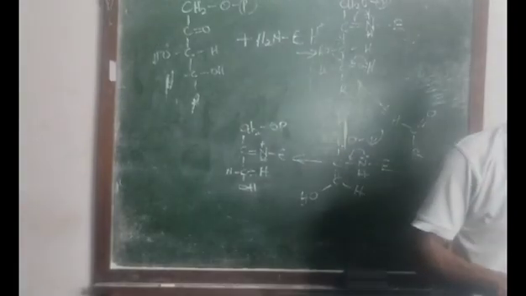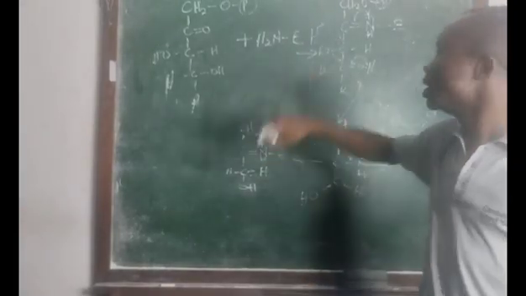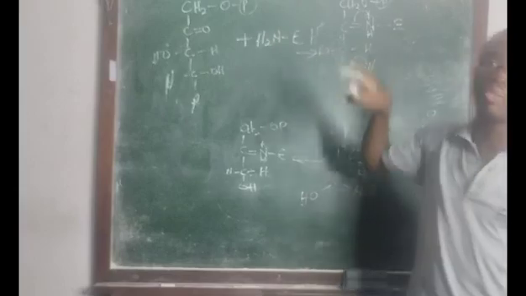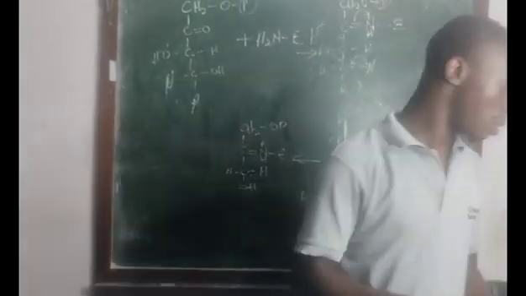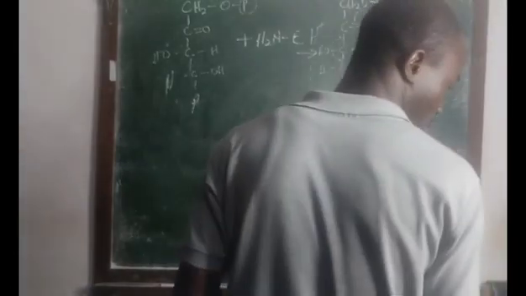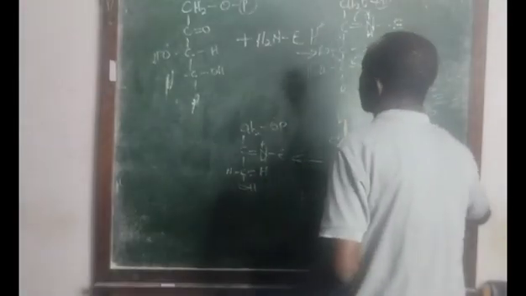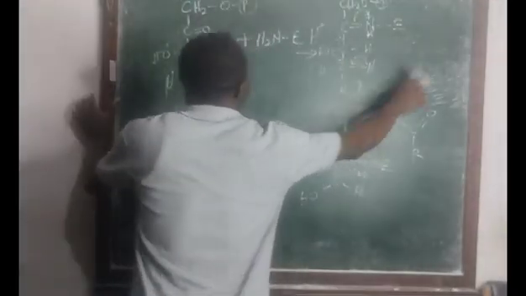But the activity of this pyridoxal phosphate is also in terms of forming a Schiff base. Do we get the point now? Let's do some reactions and see how it goes. I think you understand this pattern.